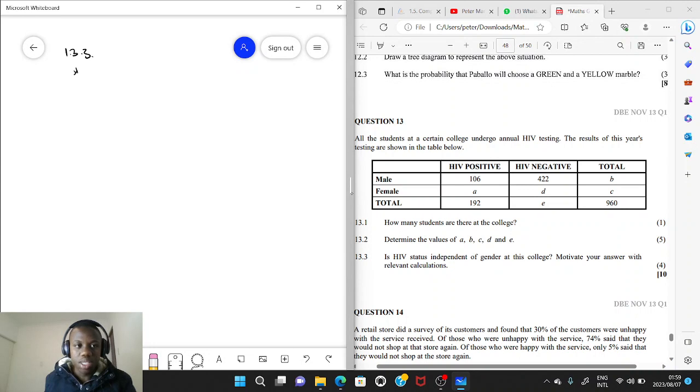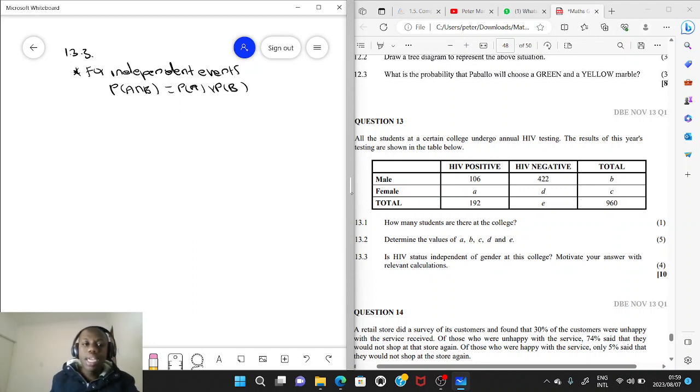For independent events, the probability of A and B is equivalent to the probability of A multiplied by the probability of B. This is where we deal with independent events, right?